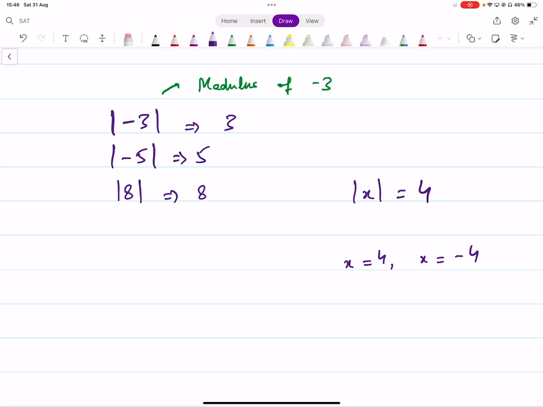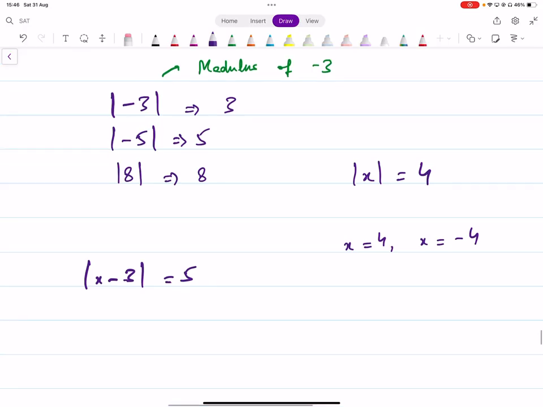When you input -4 inside, the equation satisfies. Make sense? If you have x minus 3 modulus equal to 5, what are the solutions to this equation? X minus 3 modulus equals 5. 8 and -2.